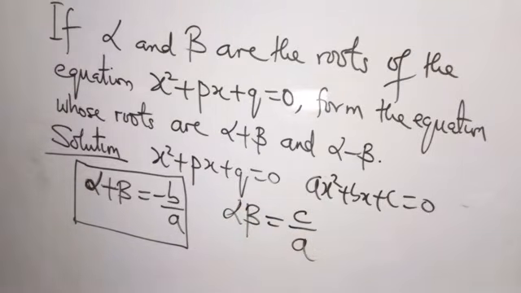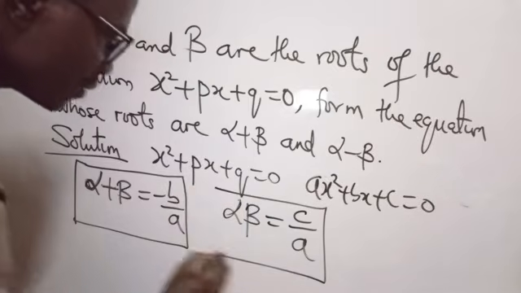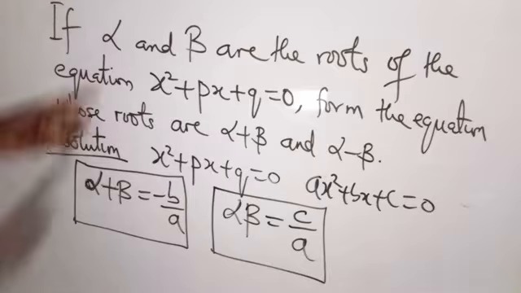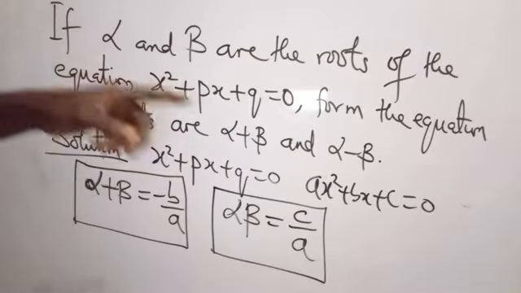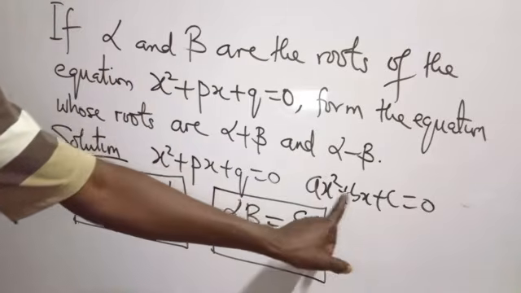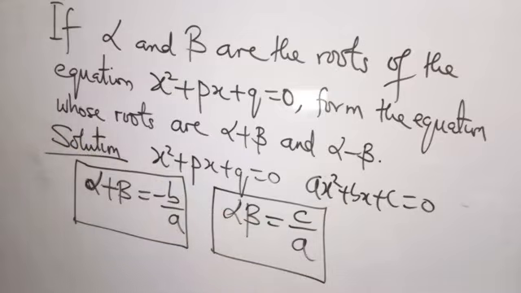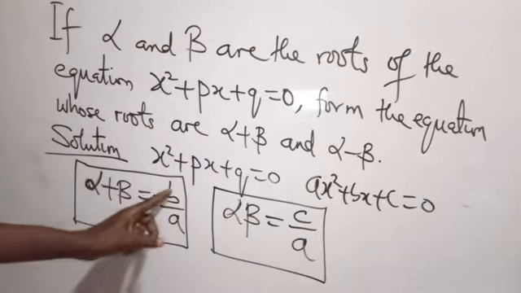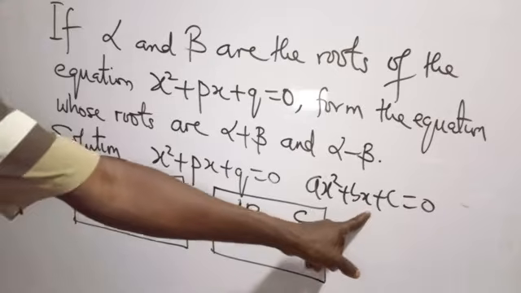With this, if we are given alpha and beta as the roots of the equation ax squared plus bx plus c, then alpha plus beta, the sum of the roots, will be minus b over a with respect to this equation.